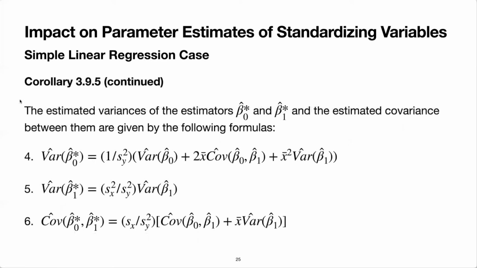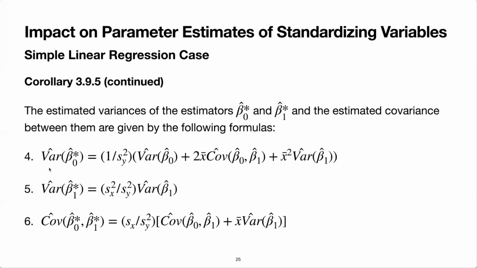Continuing on here with corollary 3.9.5, the estimated variances of the estimators beta 0 star hat and beta 1 star hat and the estimated covariance between them are given by the following formulas.